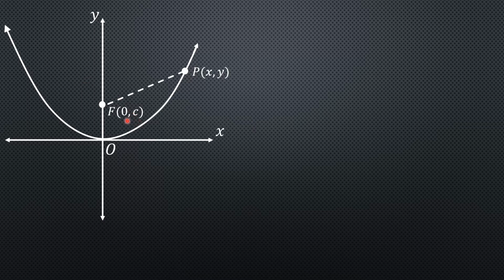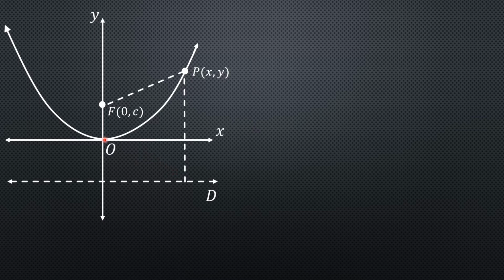The x-coordinate is 0, the y-coordinate is c. And then let us have the fixed line. The distance from P to F must be equal to the distance from P to a fixed line. Let us call this D, or the directrix.